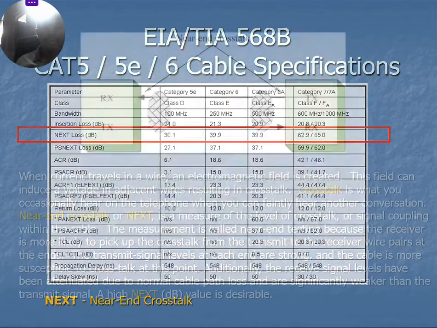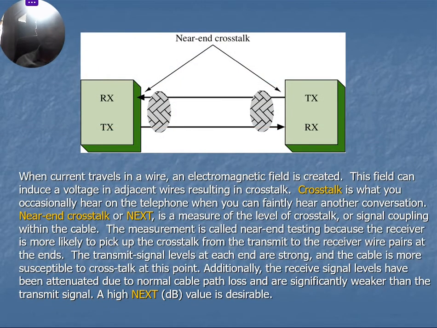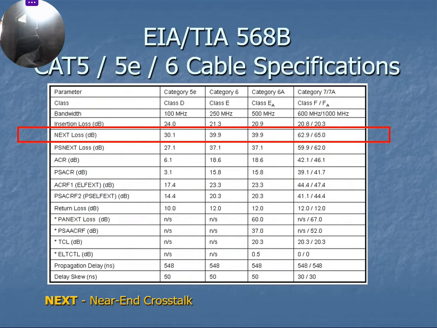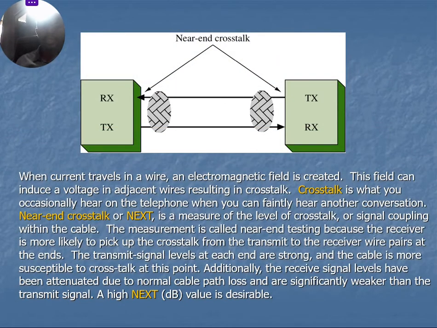Let's move on quickly. Before we discuss PS NEXT loss in decibel, let's quickly understand what near end crosstalk is. You see, a signal. This is one device. This is another device. Now this device transmits a signal from here to here. Close to the signal there is a little bit of loss, or a little bit of crosstalk. It's called near end crosstalk.